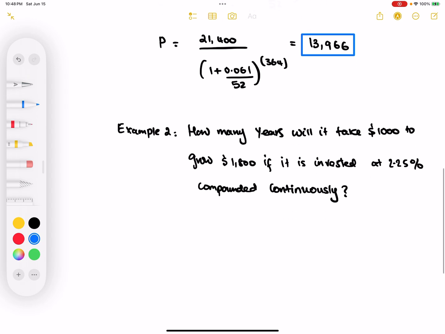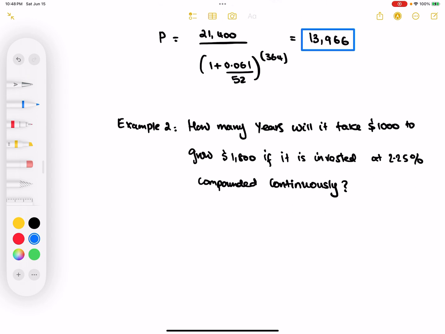This one is different from the other one. This one is compounded continuously, so make sure to use the right formula for this one. So this one is, the initial investment is 1,000 and grows to 1,800, and the rate is this one. So how long does it take for you? So the formula is A is equal to P e to the rt.